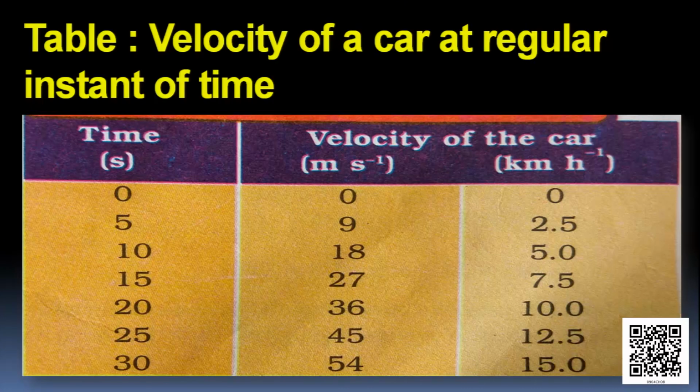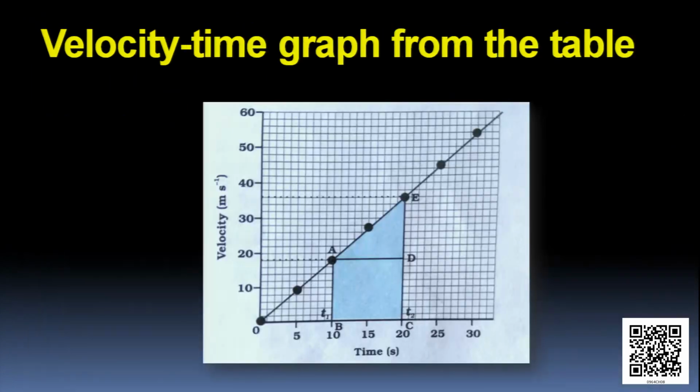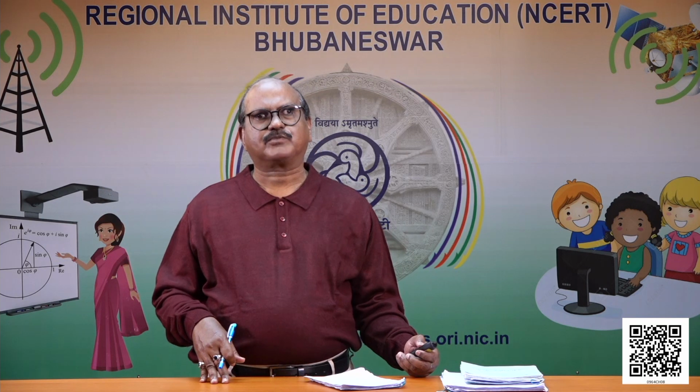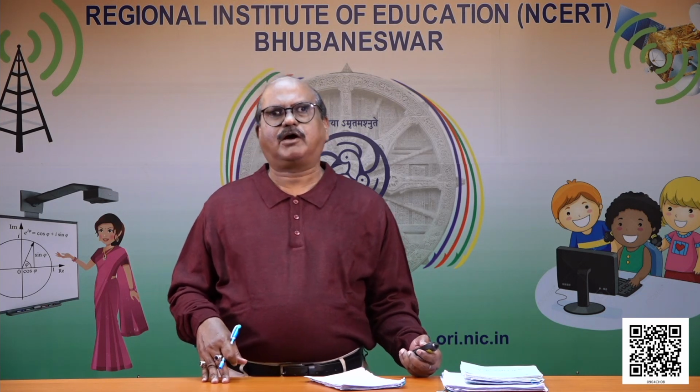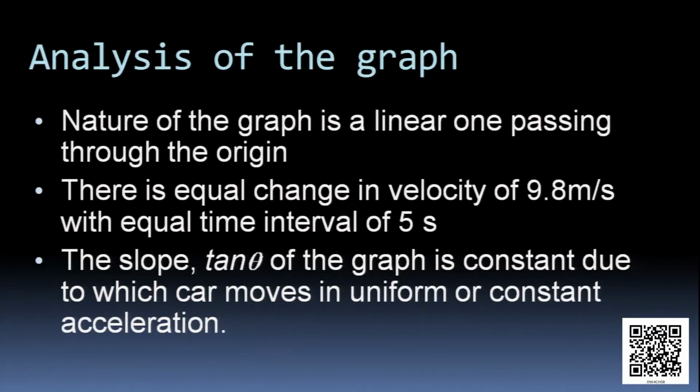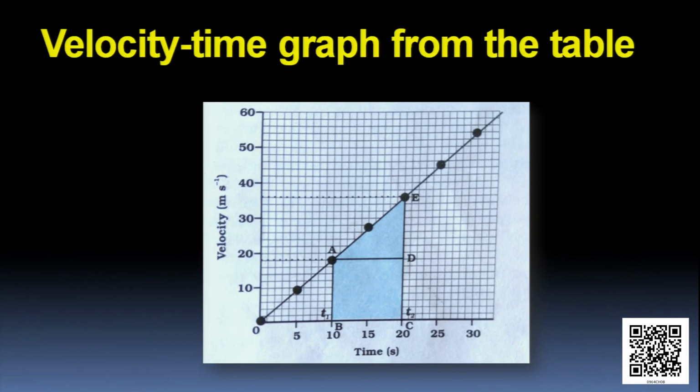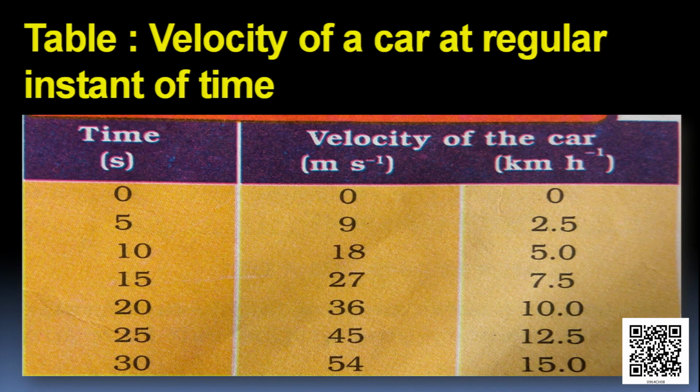So how do you see it? From this graph, 0 to 9 meter per second, 9 to 18 meter per second, 18 to 27 meter per second. So the change in velocity, or the increase in velocity, of 9 meter per second is with an equal interval of time of 5 seconds. See, 5 seconds, because 0 second, 5 second, 10 second.